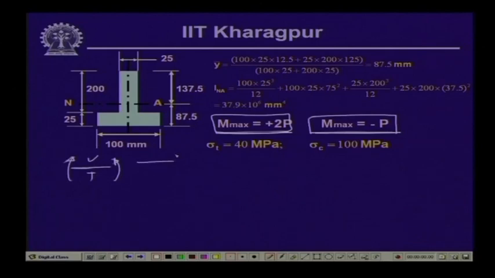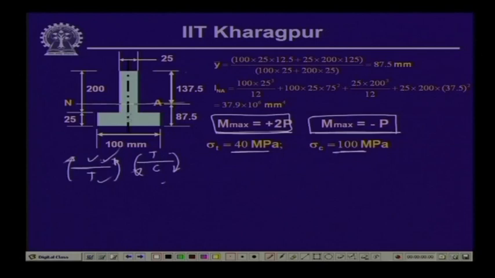When we are dealing with the negative moment, we have it in this form where tension is at the top and compression is at the bottom, and since the section is unsymmetrical, the values of y1 and y2 will be different, and consequently the values of the stresses will be different. Since we have different allowable stresses for tensile and compressive, naturally we will get 4 values of P corresponding to all these 4 criteria.